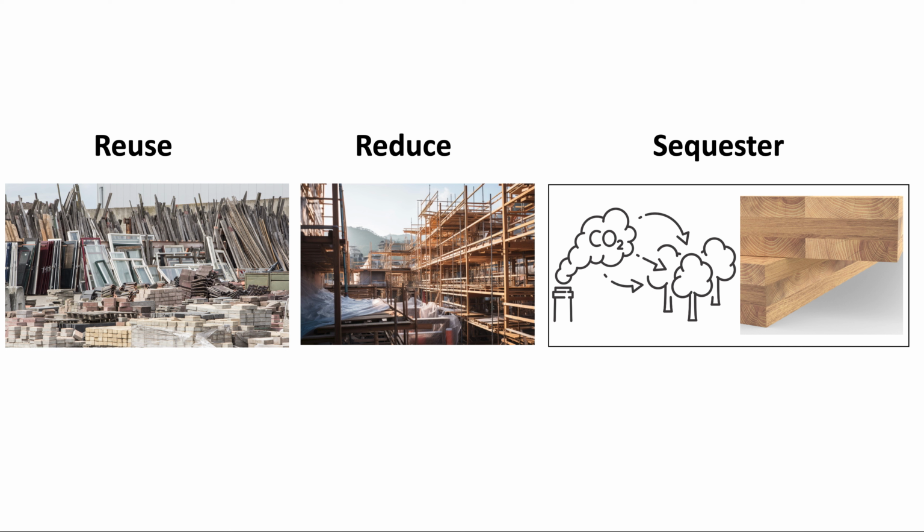It is also important to reduce the consumption of new materials as much as possible and replace high embodied carbon materials with low embodied carbon alternatives. Finally, using materials with carbon sequestration capability, such as responsibly managed timber, could balance some of the embodied carbon emissions and lead to lesser overall embodied carbon.